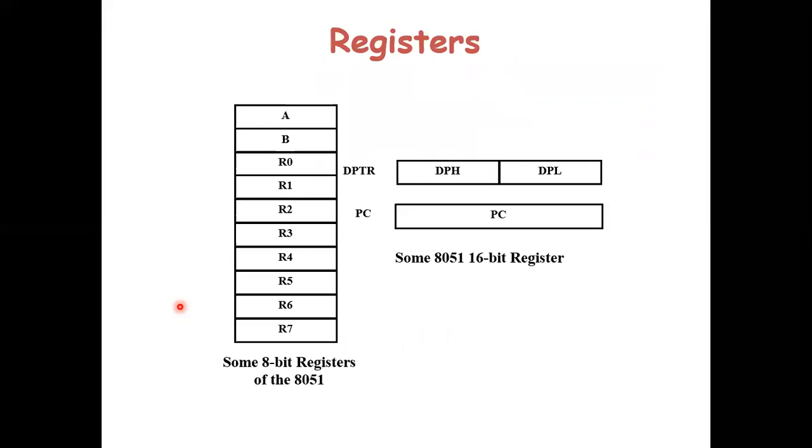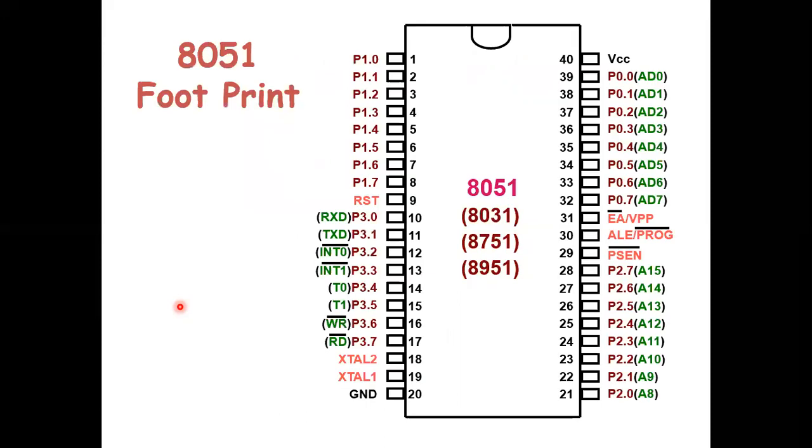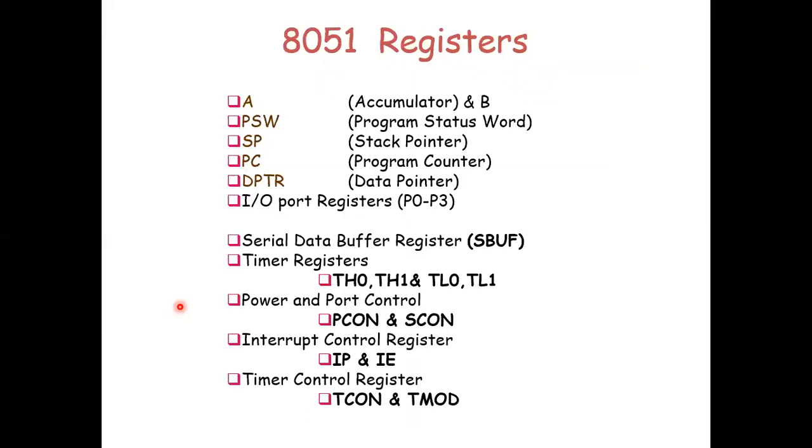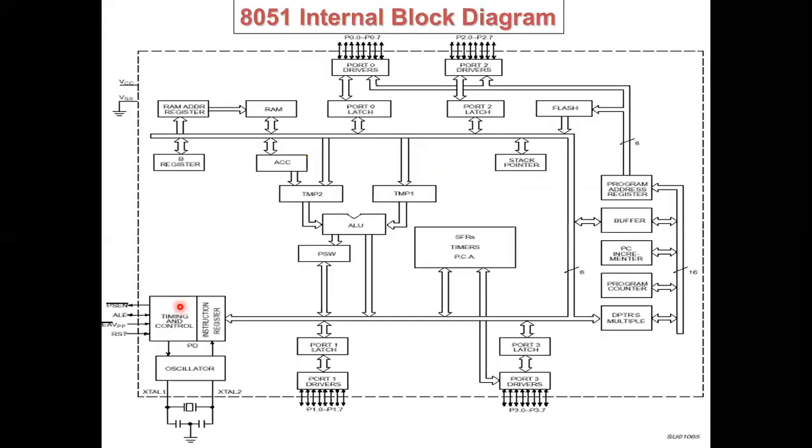So these are the registers available in 8051: A, B, R0 to R7, then DPTR and program counter. DPTR we can use as DPH as well as DPL for 8-bit processing. This is the complete architecture of 8051.